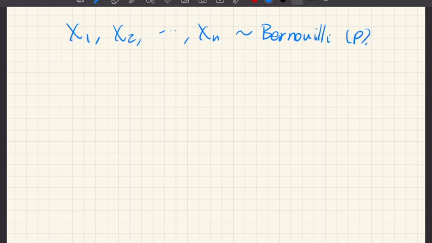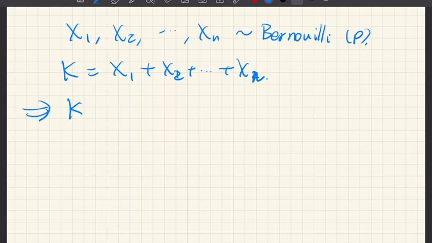So if x1, x2, xn follow Bernoulli distribution with parameter p, then if we define a new random variable by the sum of these, this sum follows a binomial distribution with parameter n and p. Okay.